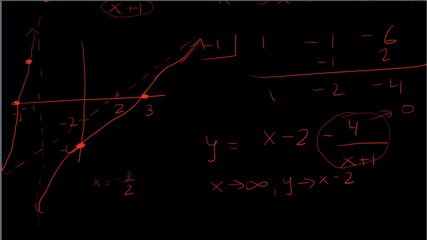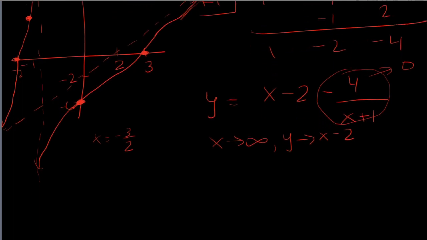Okay, and then you can also pick a number to the left of negative 2, and you would see it would be negative. So basically, what you have is something like this, where right in the middle is your oblique asymptote. And you want to approach the oblique asymptote in the long run. So something like this. So that's how you graph that.